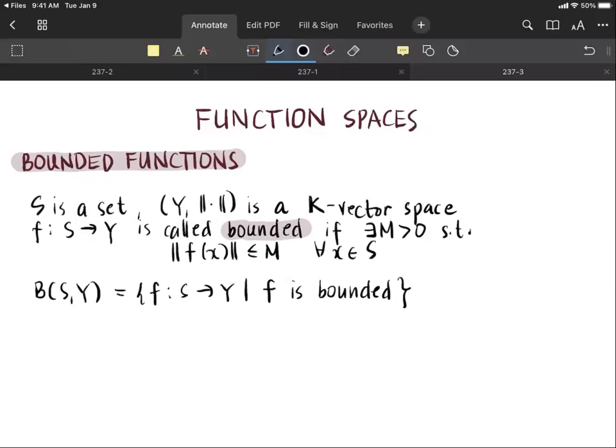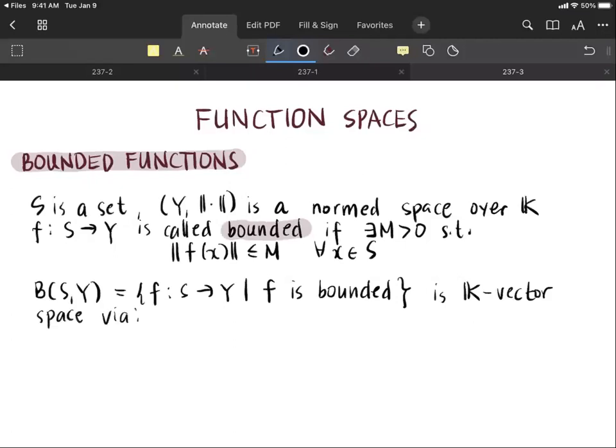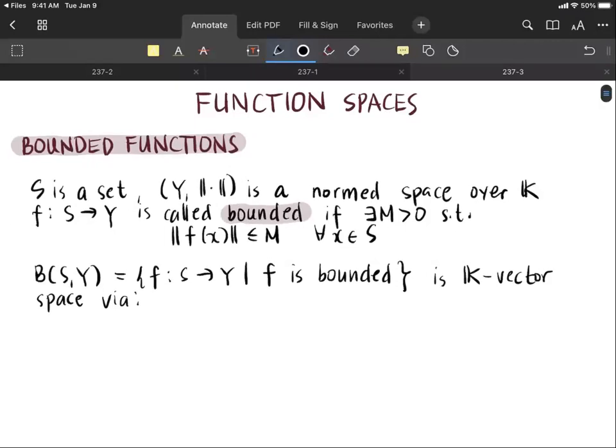And in this case, the codomain is a normed vector space over the field K. And this is also a K vector space via element-wise addition and scalar multiplication.